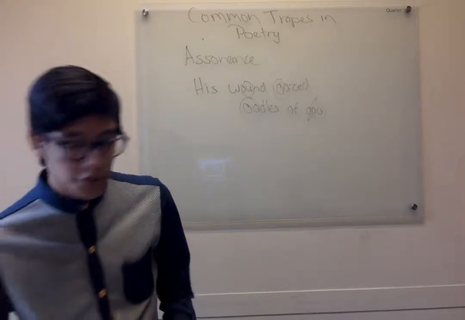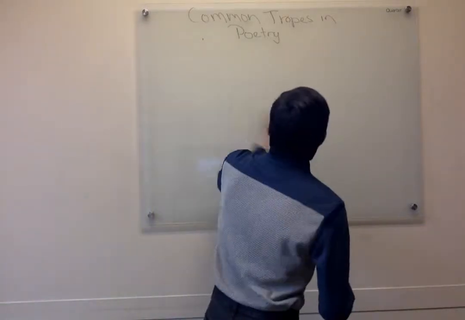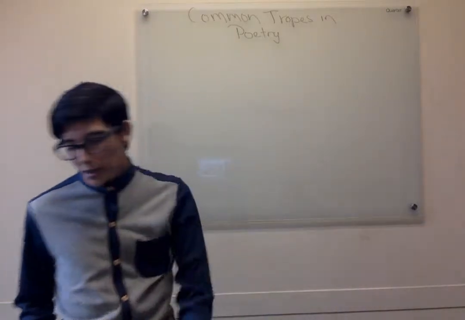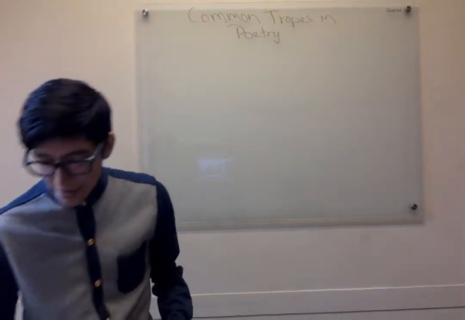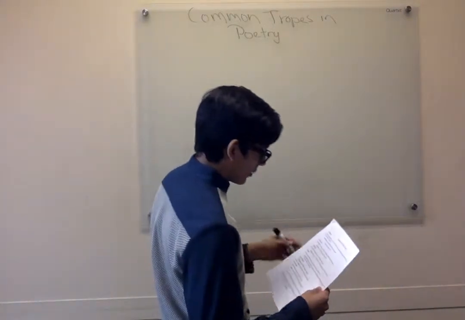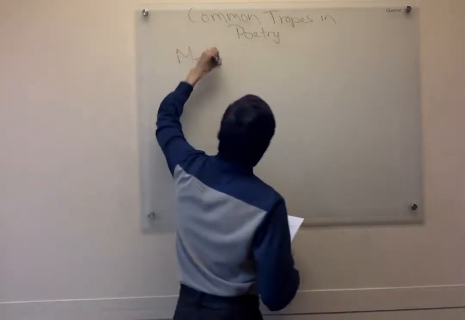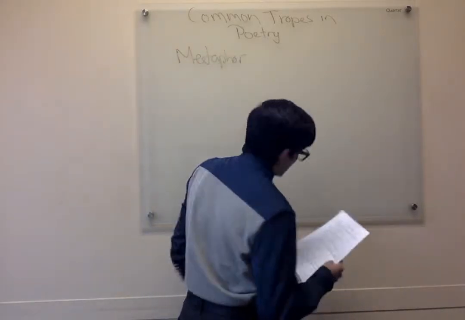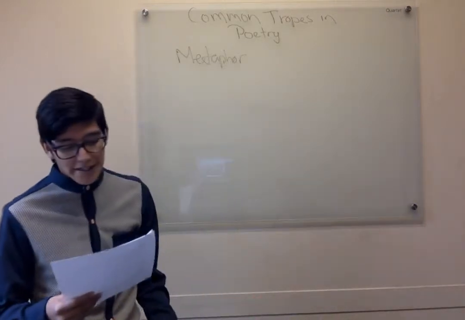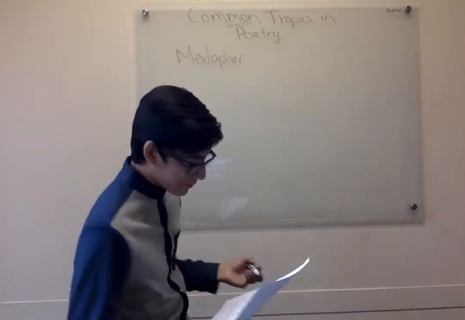So moving on, we'll move on to metaphor, which most of you guys should be familiar with already, but if you haven't, let's go over it again. So we have metaphor, and it's referring to one thing as another, creating a comparison.